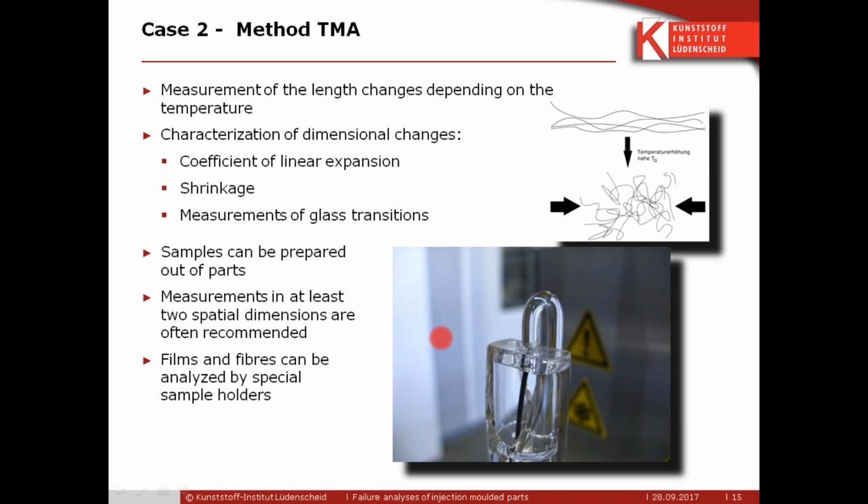I have another question. How do you clamp a fiber on the TMA stage? Yes, maybe you can answer it. Oh yeah, that's just the sample holder for expansion. Of course, we could do a whole webinar about sample fixtures for the TMA.